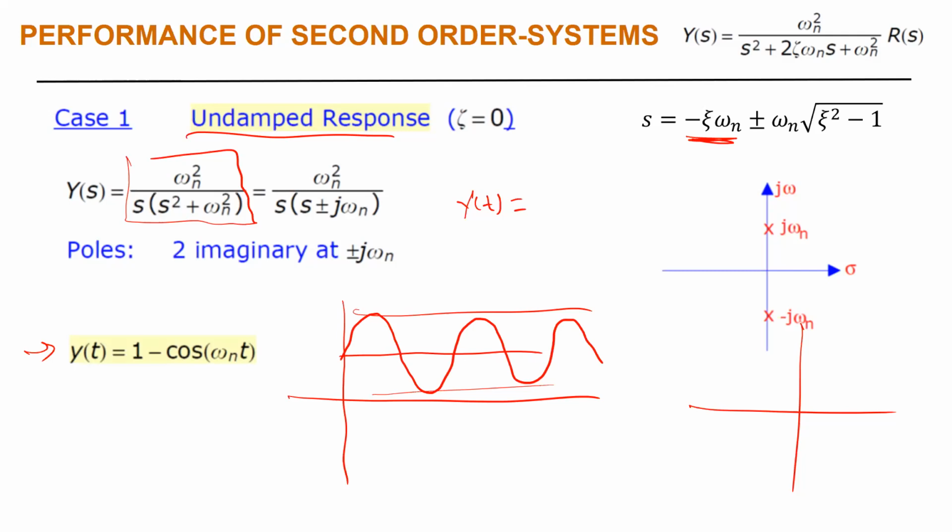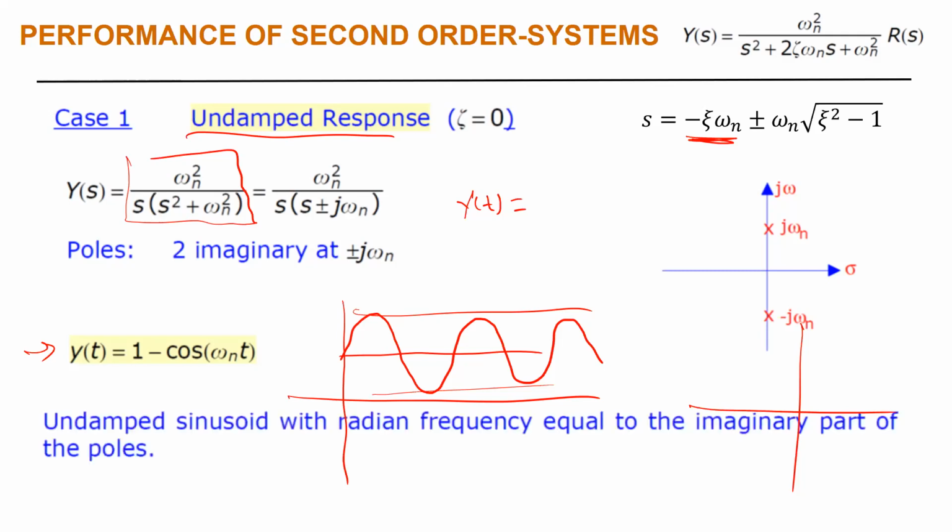So it's called the undamped case. When zeta equals 0, it's undamped, and the roots are on the j omega axis. Just take it from the Laplace transform table. Any question here?